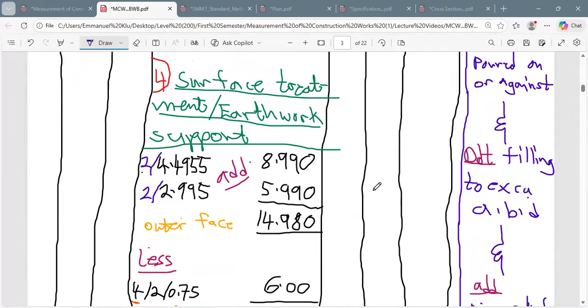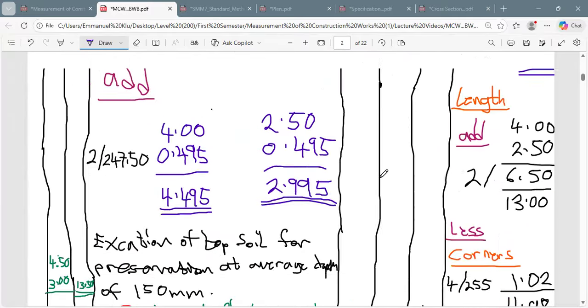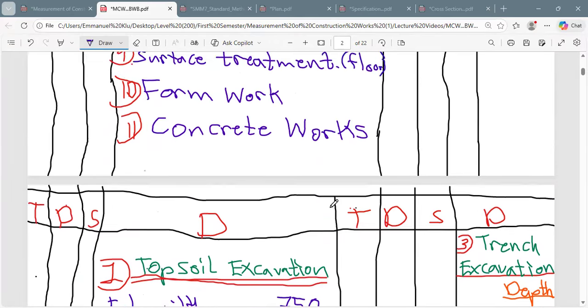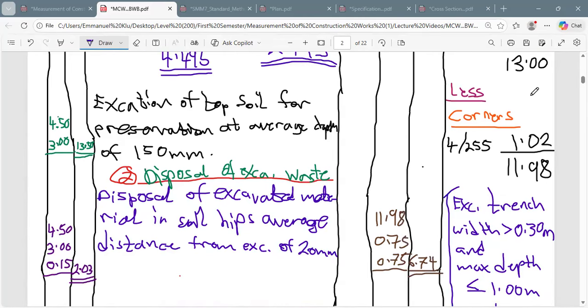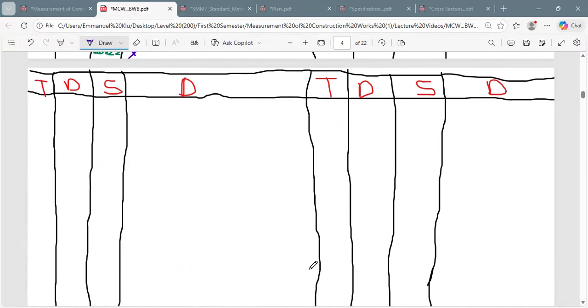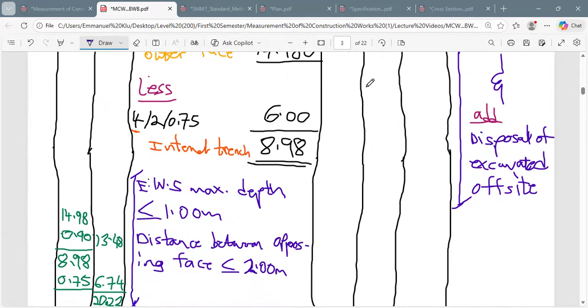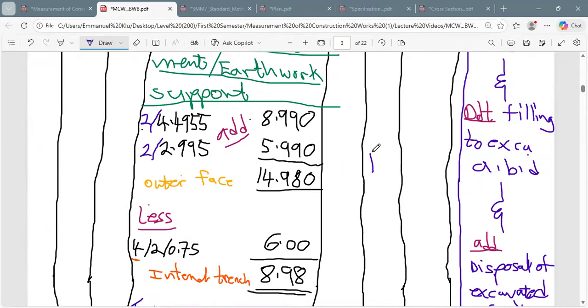We know that 11.98 is the length of our building. Okay, we calculated for it over here. 11.98, this is it over here, if you can see the mouse moving. So 11.98 times the breadth, 0.75.